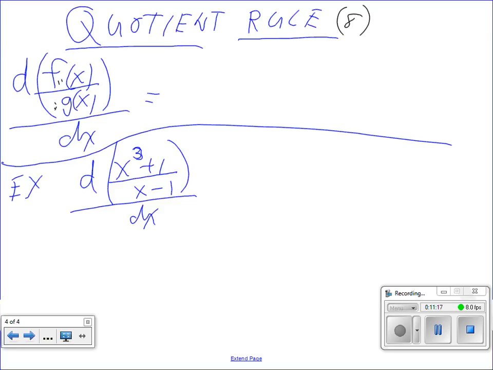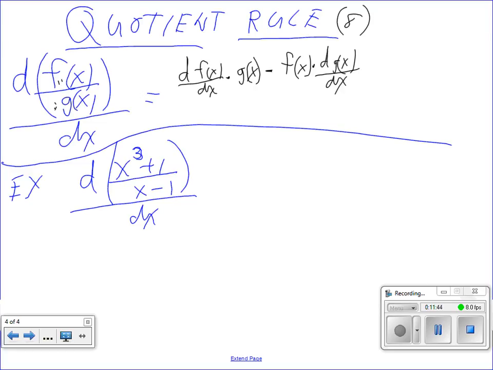That's going to be the derivative of f of x with respect to x times the denominator, g of x, minus, okay, minus f of x times the derivative of g of x with respect to x.